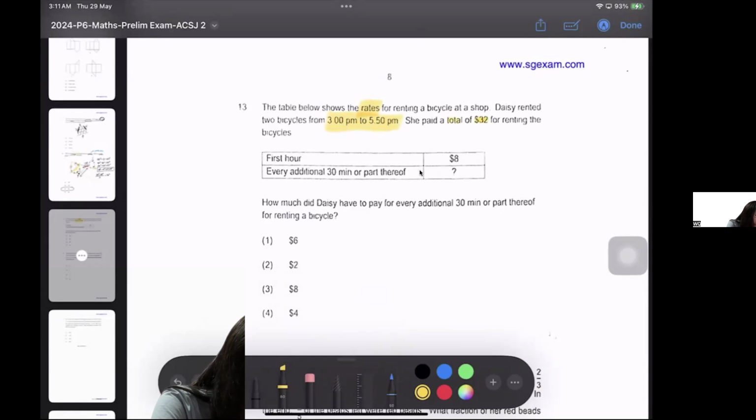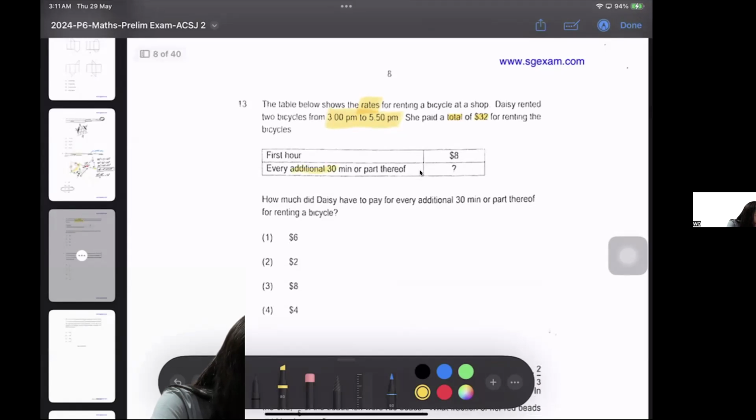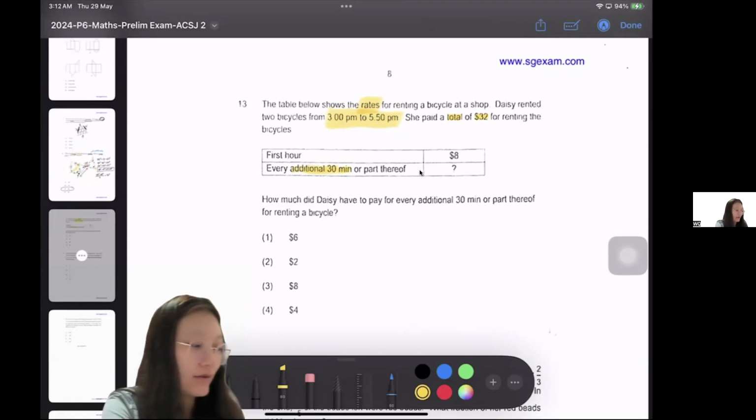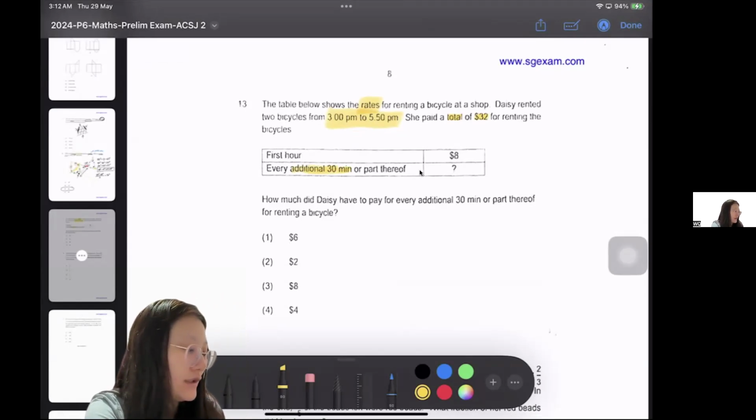So they give you a total for renting the bicycles. And then they give you the first hour and for every additional 30 minutes. Then the question asks you, how much did Daisy have to pay for every additional 30 minutes or part thereof of renting a bicycle?